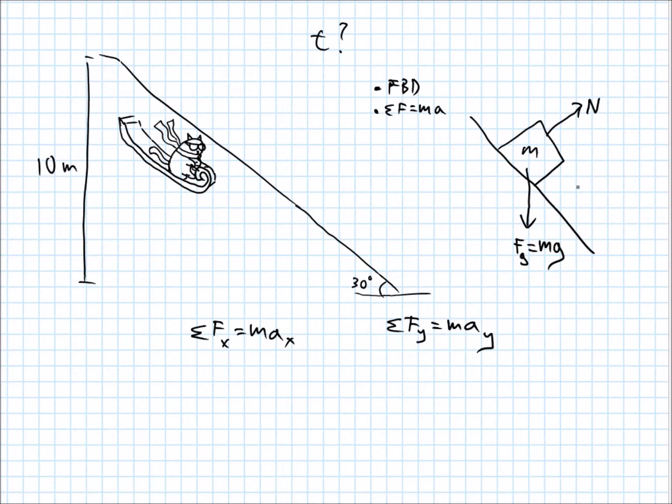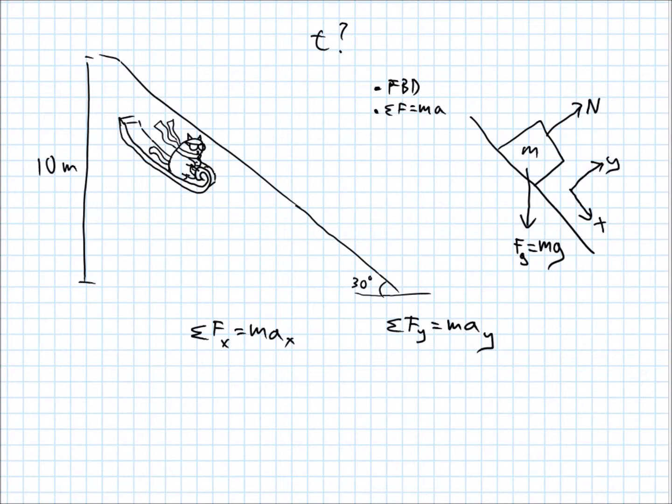So here is a trick that you want to use in slope problems. We are free to pick any axes we want. We always choose axes. And in a slope problem, you always want to point one of the axes in the direction of the slope. So the x direction is straight down the slope, and the y direction is up out of the slope.